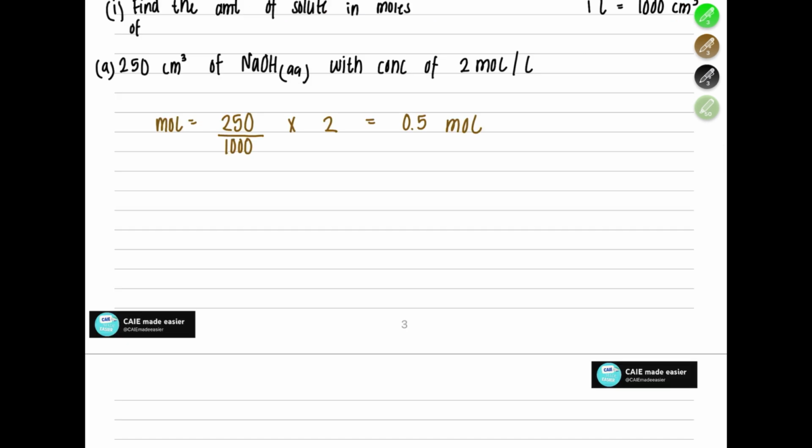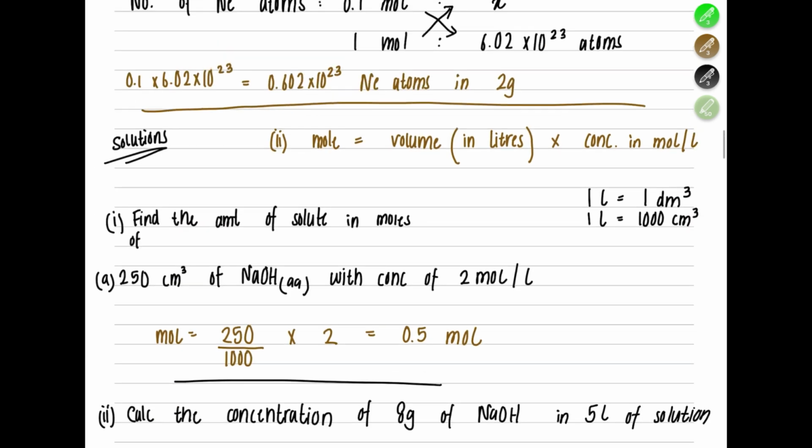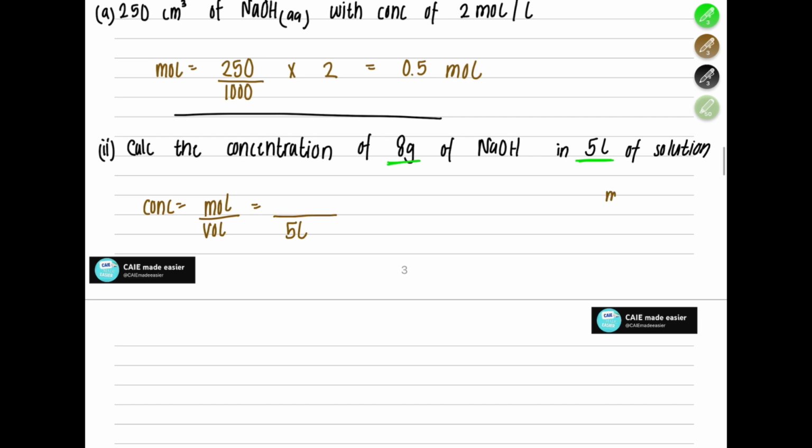Now we'll do another example. So the question is find the concentration, right? What is the formula of concentration? Concentration equals moles divided by volume. The volume here is known. The volume is 5 liter, but the moles are unknown because we only have the mass. So we'll have to find the moles, but we can substitute volume here. We have the grams, and based on our previous equation, we know that moles equals mass over MR. What is the mass?